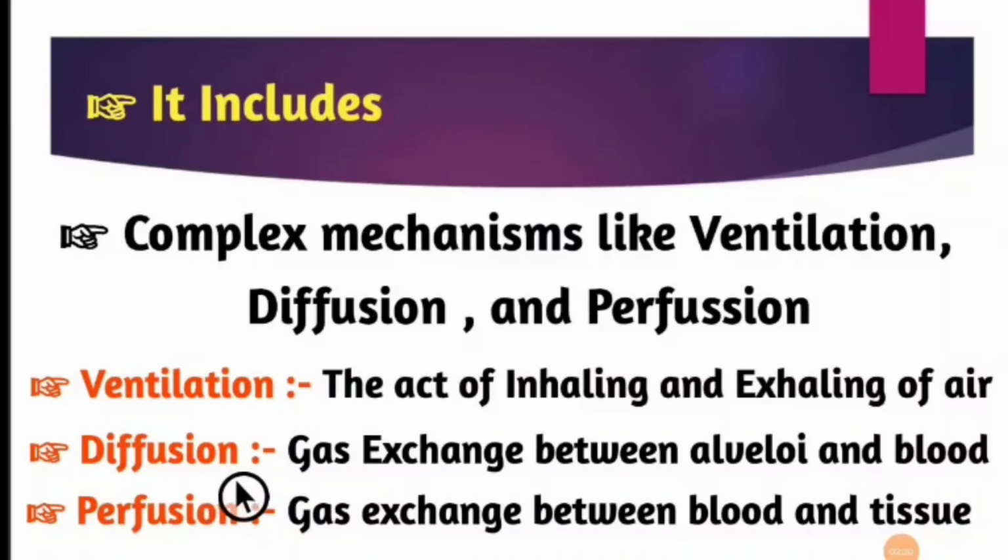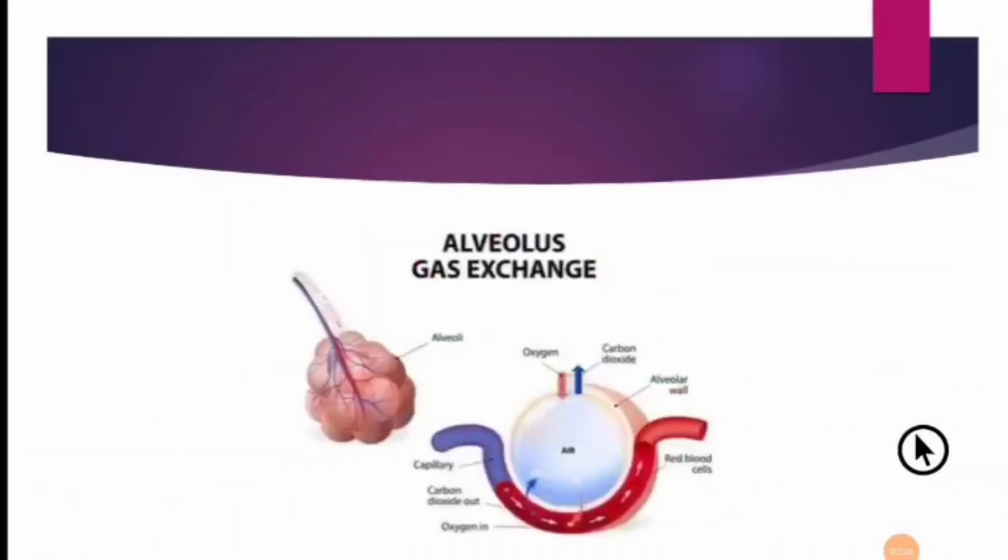Next one is diffusion. Diffusion means gas exchange between alveoli and blood. You can see the picture here, how gases will exchange. Here what happens, when we inhale, oxygen moves from the alveoli to the blood through the capillaries that line the alveoli.